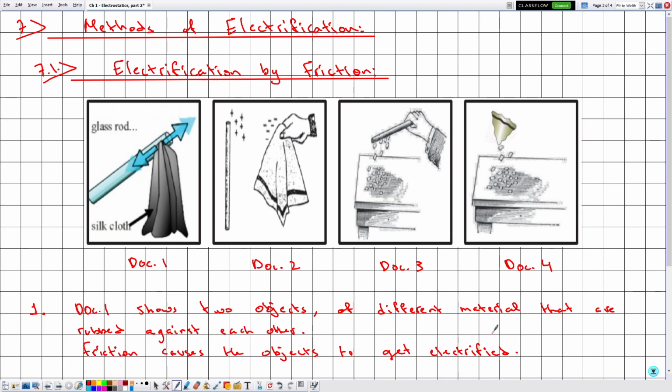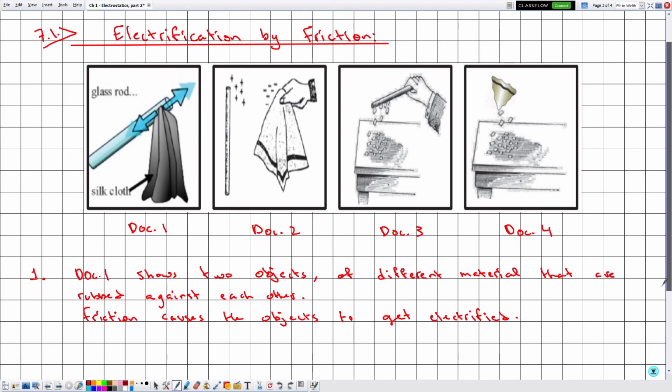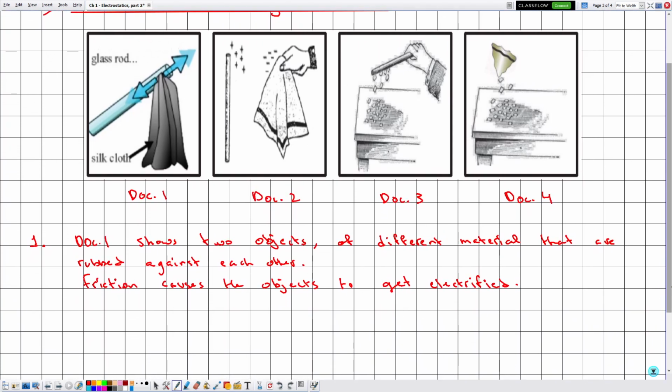What is the evidence that they are electrified? Before we talk about the evidence, let me discuss something. Idea number 2, electrification by friction. This process, known as electrification by friction, is used to charge insulators.